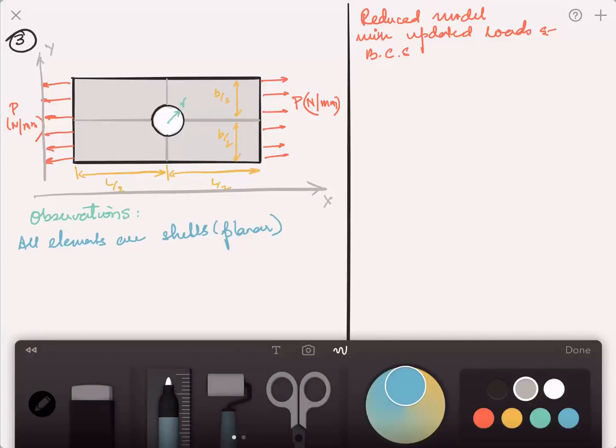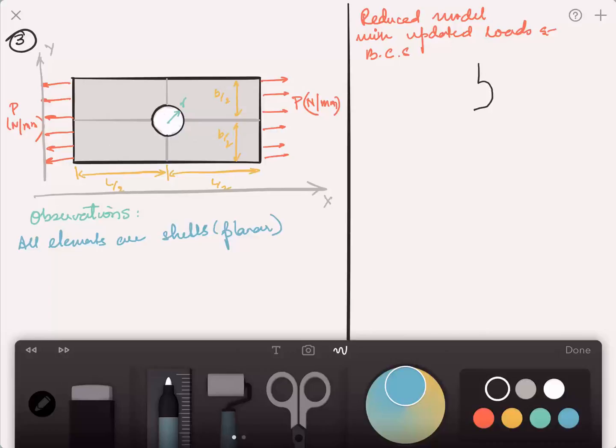Now we can see that this geometry is symmetric also about the y-axis, like every other geometry we dealt with, because the loads that are applied on both sides are exactly the same, and the geometry on both sides is also identical in terms of numbers. So what we can do is draw this out on the right hand side first as step one.